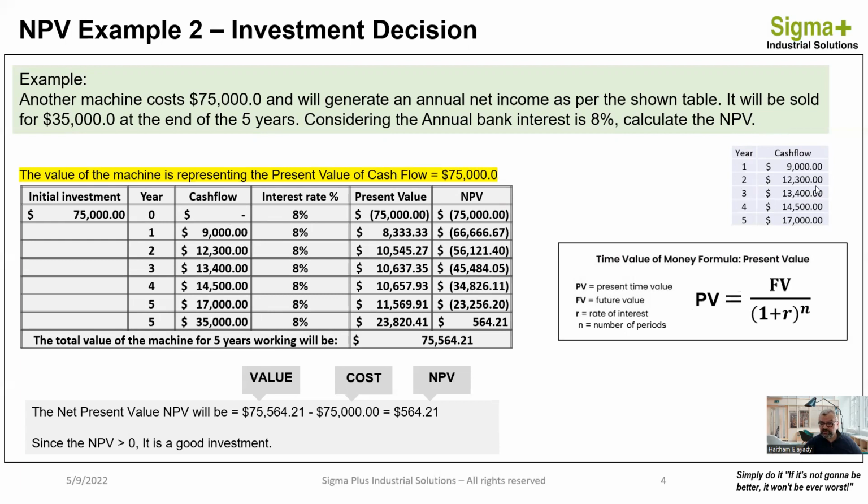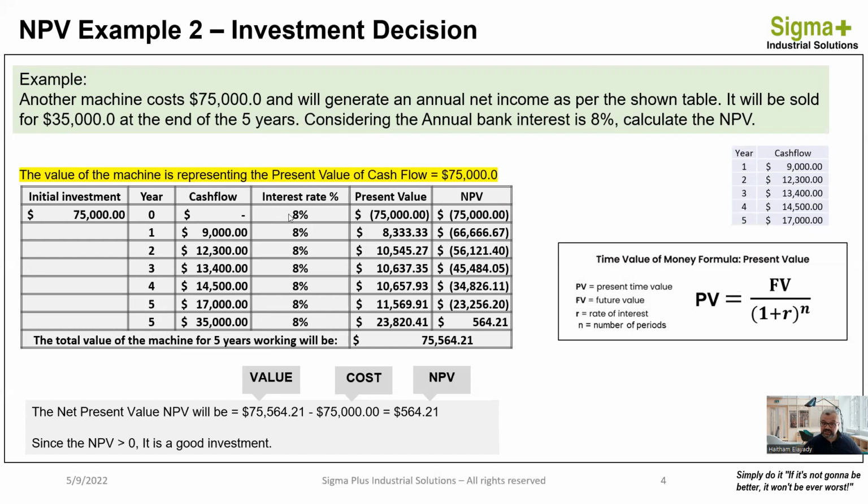In the 2nd year, $12,300. In the 3rd year, $13,400. In the 4th year, $14,500, and in the 5th, the last year, $17,000.